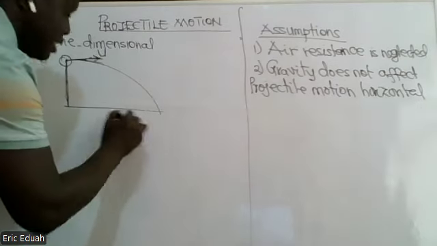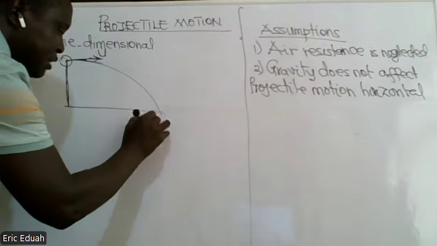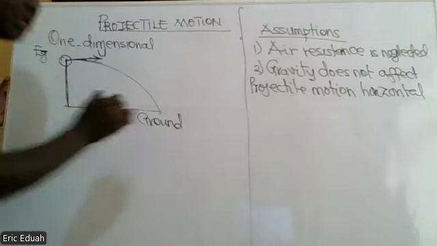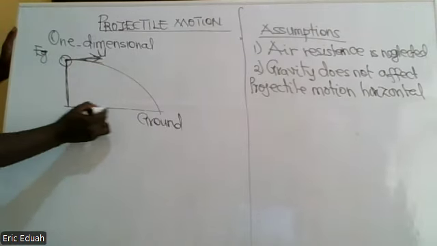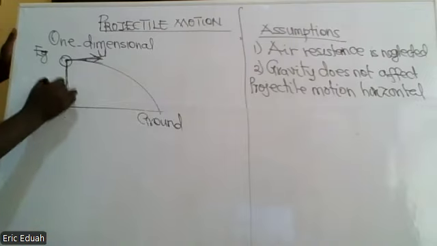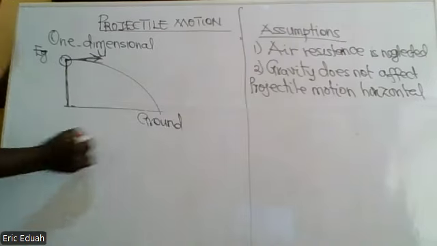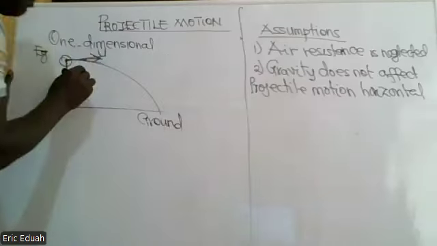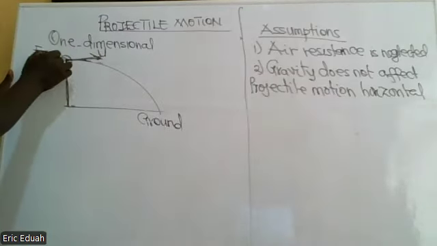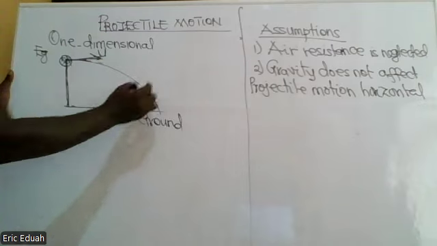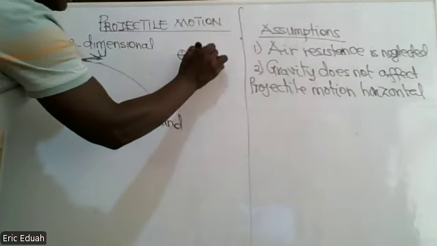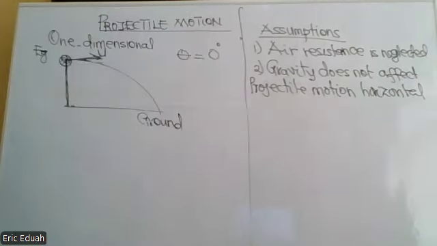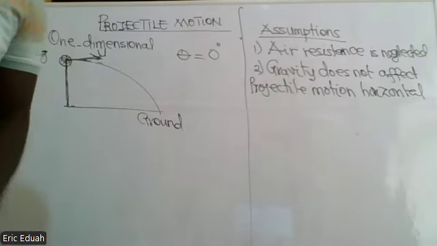So the horizontal is the ground. Look at it: this velocity u is parallel to the horizontal ground. And so it implies that because the velocity given to the ball and the ground are parallel, theta is 0 degrees. So clearly, this will fall under one-dimensional projectile motion.